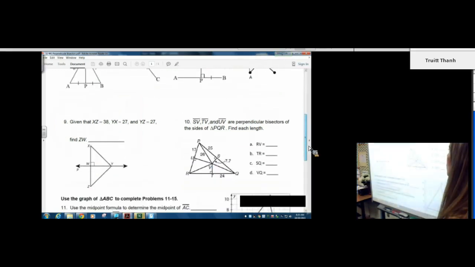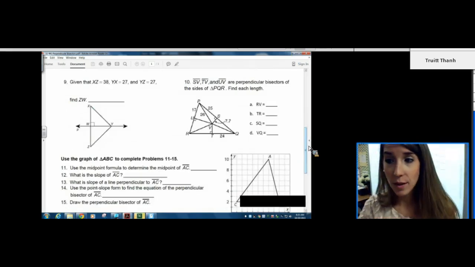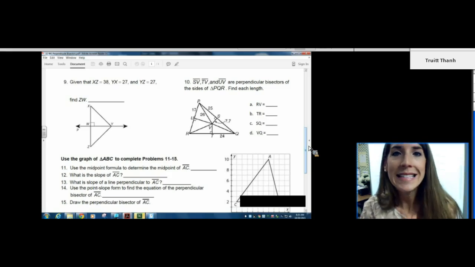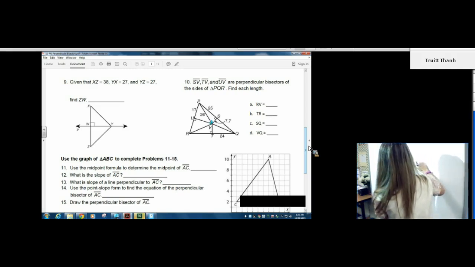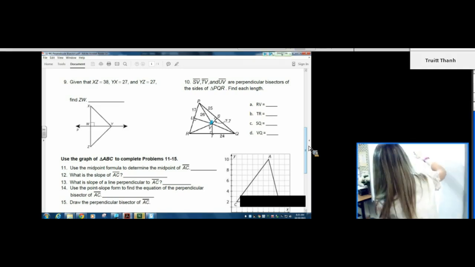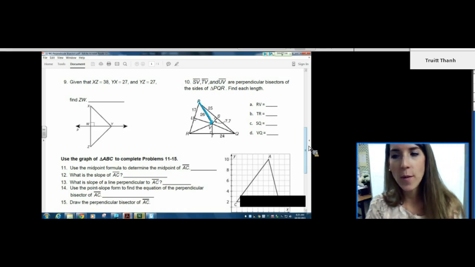10A. All of those segments, SV, TV, and UV, are perpendicular bisectors. So they are equidistant from the endpoints of the segments. Okay? So, if I look at point V, and V is 26 away from P, then how far is V away from R?